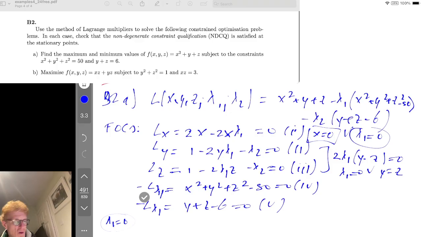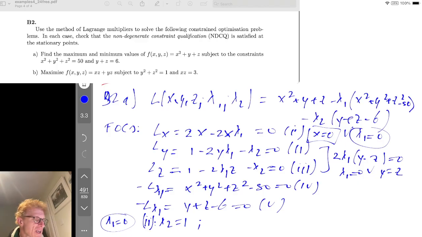Lambda 1 is 0 gives us lambda 2 is 1, from 2 and 3.